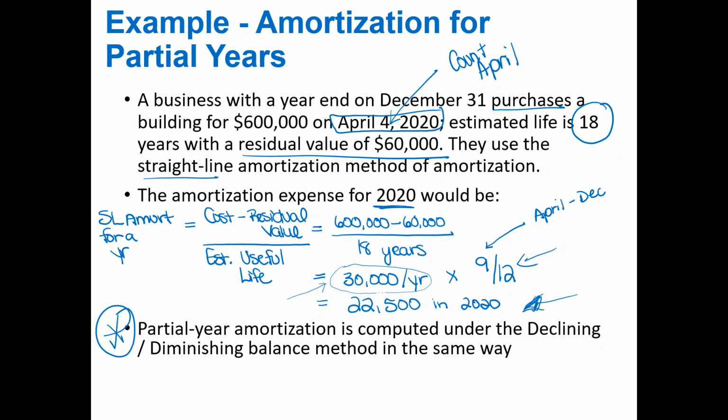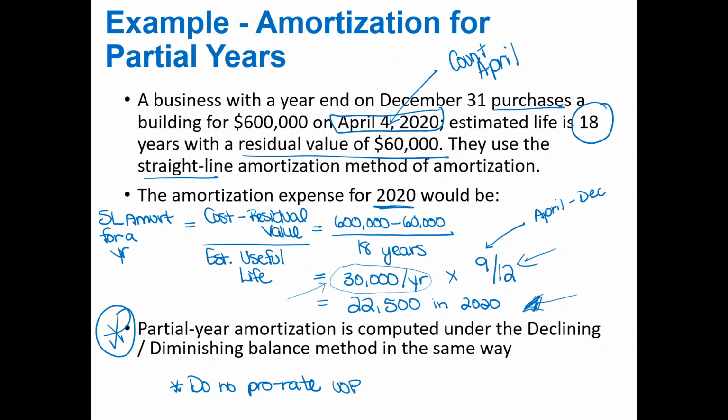What about units of production? Do you think we need to prorate the units of production amortization? No, you don't have to worry about that factor of time, because units of production is already based on the actual amount of units that we are producing or kilometers driven, and so on. So that's already based on that shorter period of time. So you do not prorate units of production based on time.